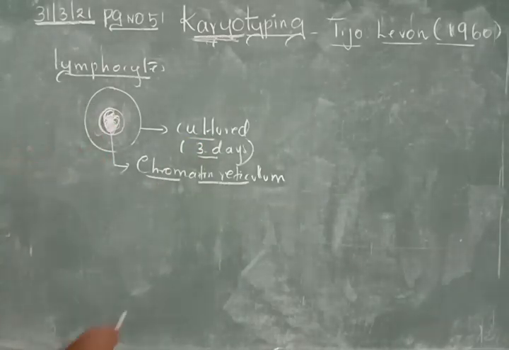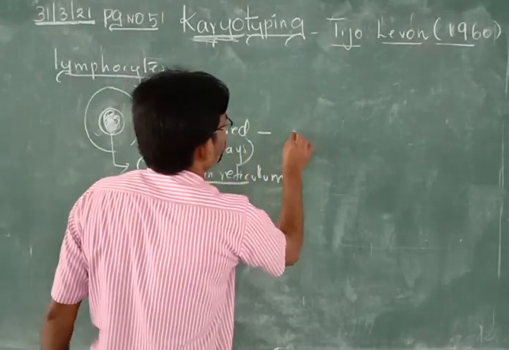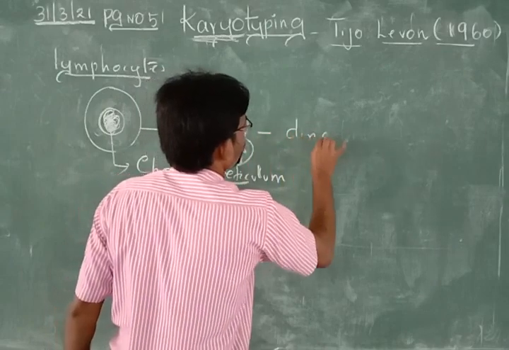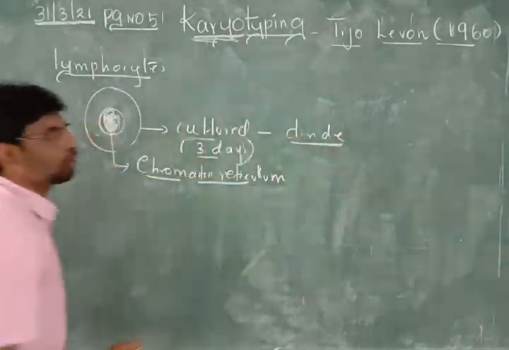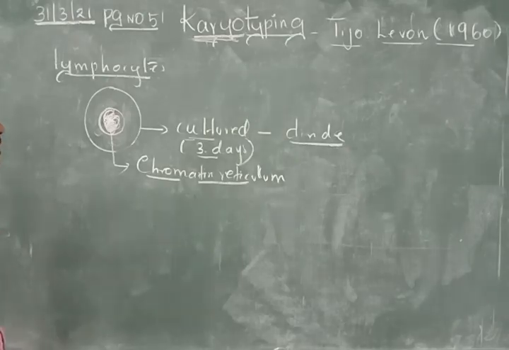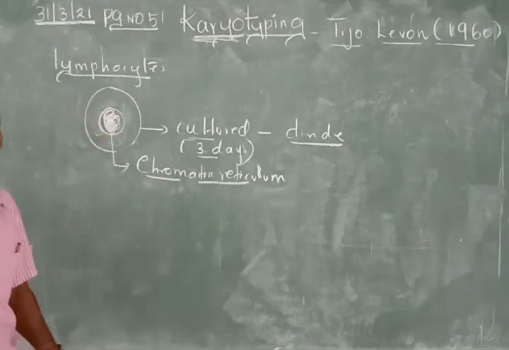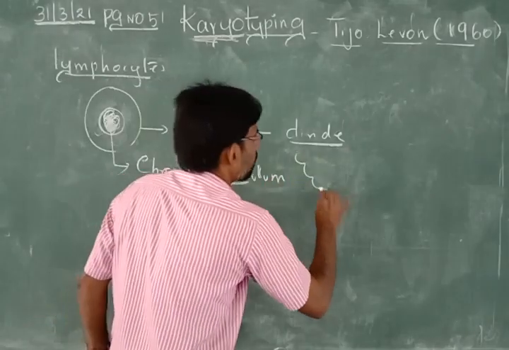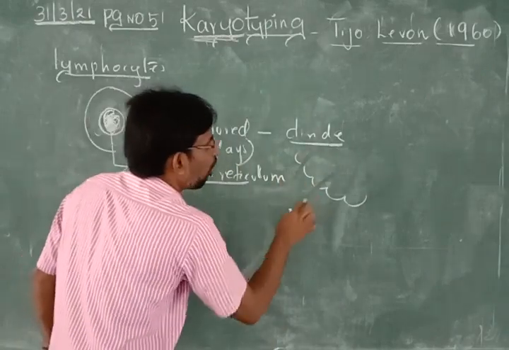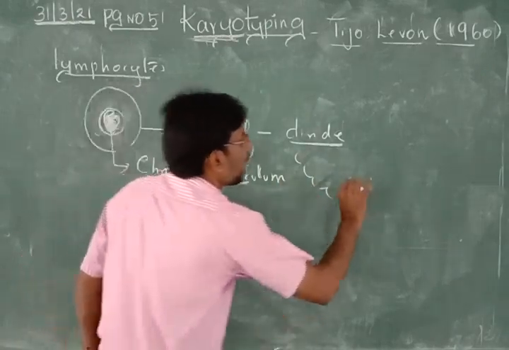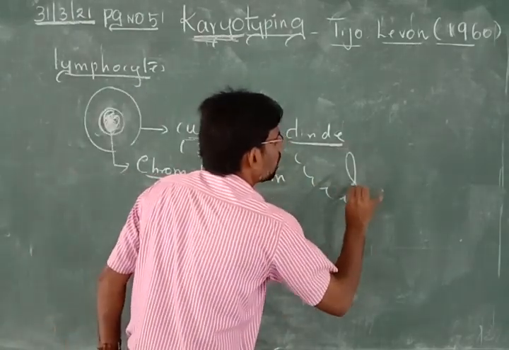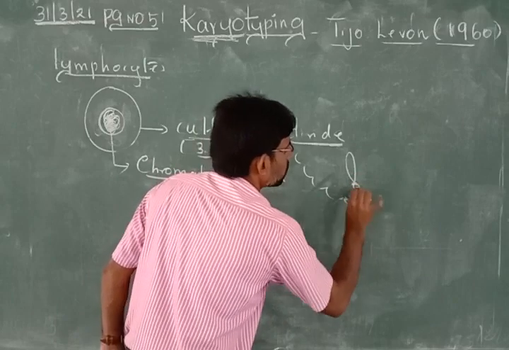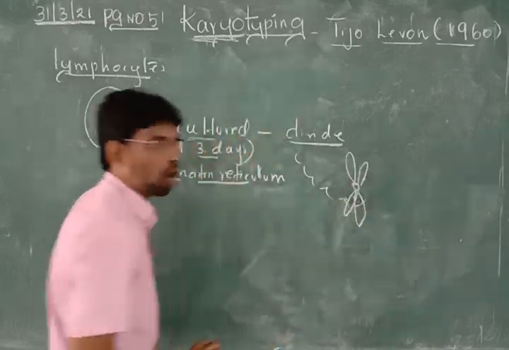Now, when they culture this cell, the cell will start to divide. Whenever the cell starts to divide, at the time of cell division, this chromatin reticulum will form a kind of division and it forms the chromosomes. So like this, the chromosomes are formed.